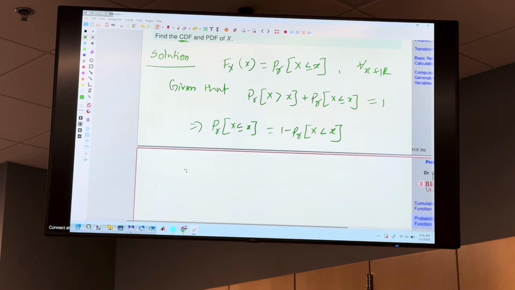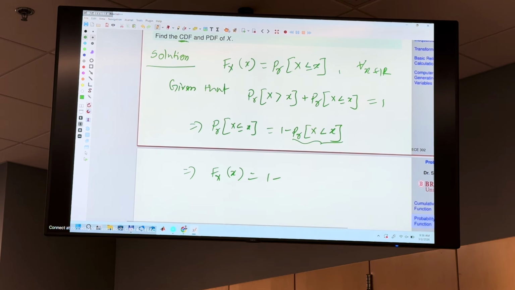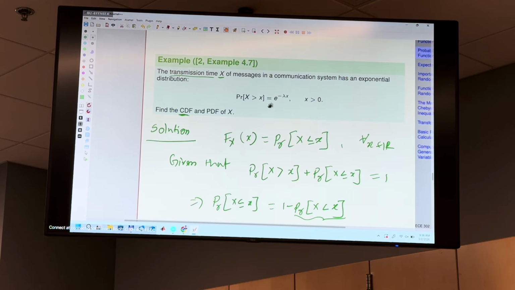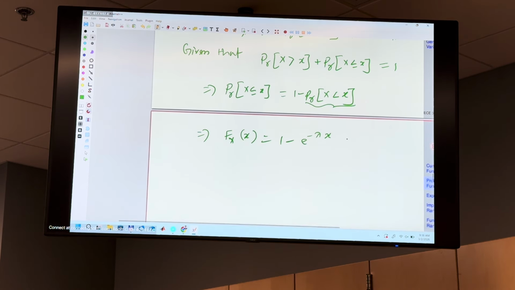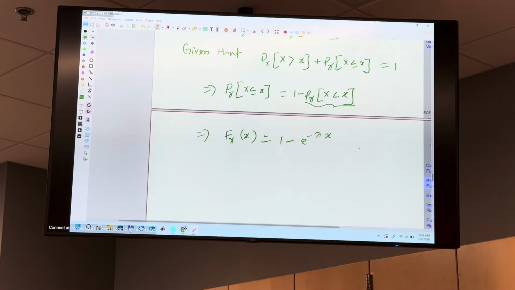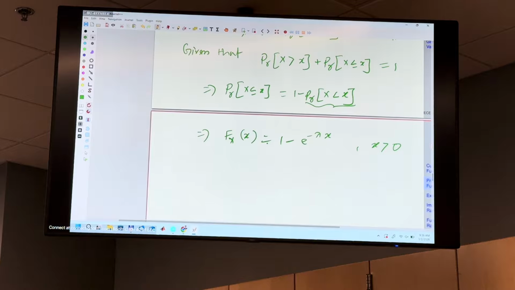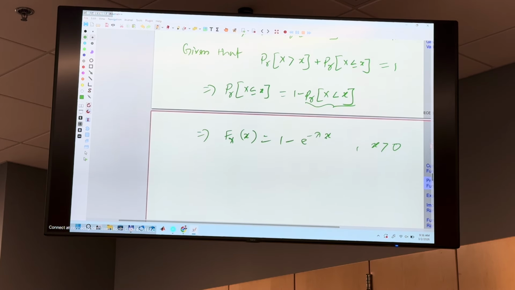By definition it is your CDF, and it is 1 minus e to the negative lambda x. Okay, so this is the answer: for x greater than 0, we have 1 minus e to the negative lambda x.